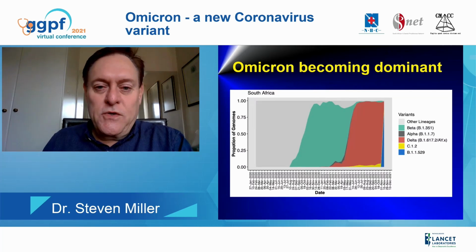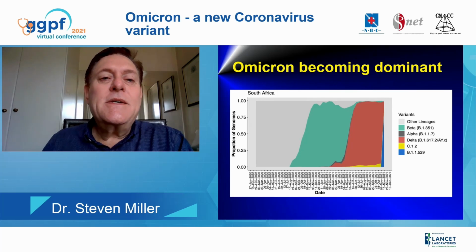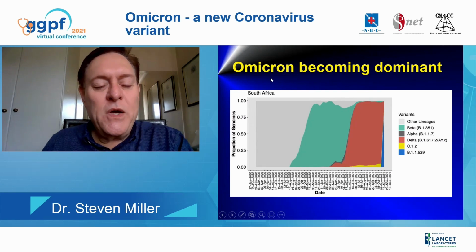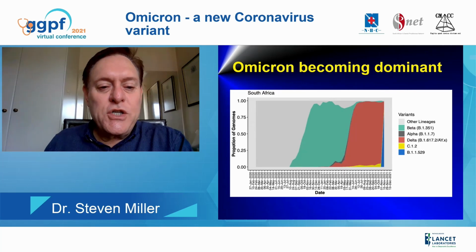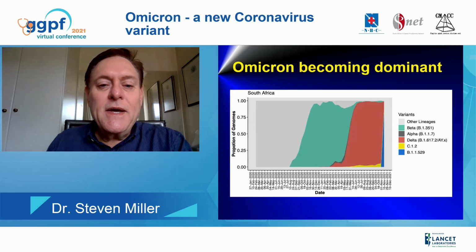What is of concern is looking at how quickly Omicron is taking over the picture in the areas where we have found it in South Africa. So this graph here just shows you what we found from genotyping the virus over the course of the epidemic.